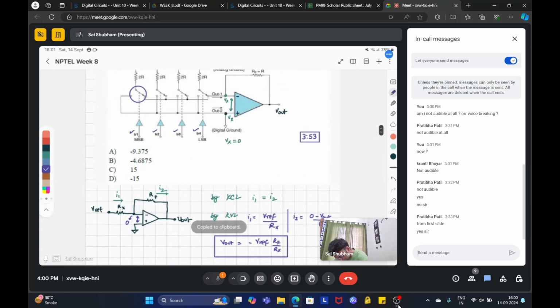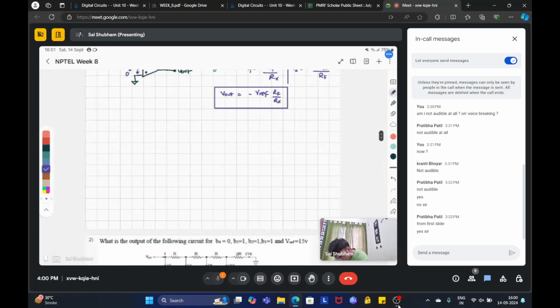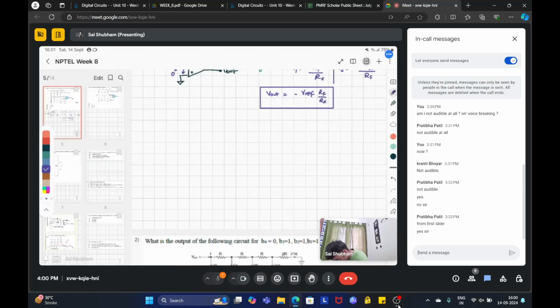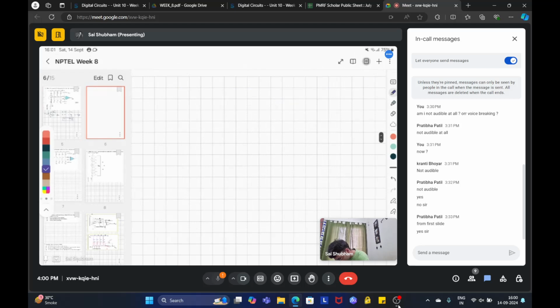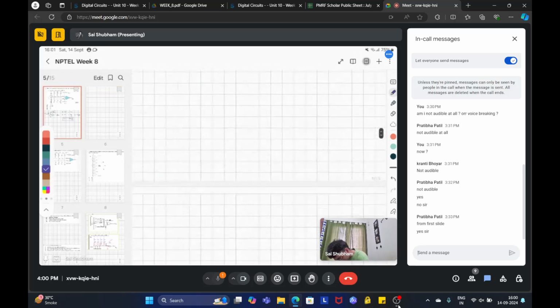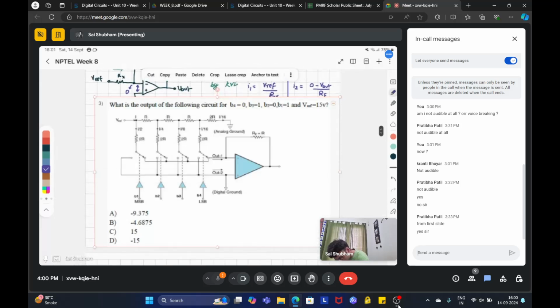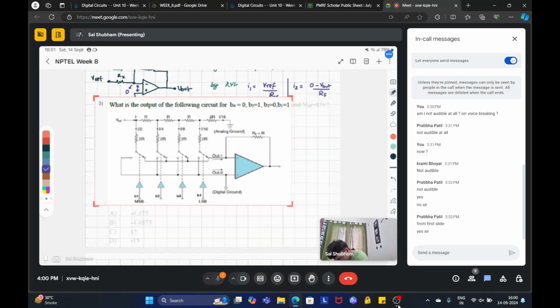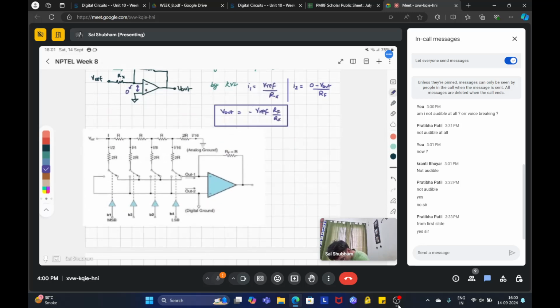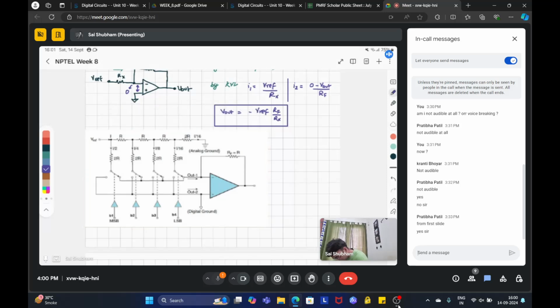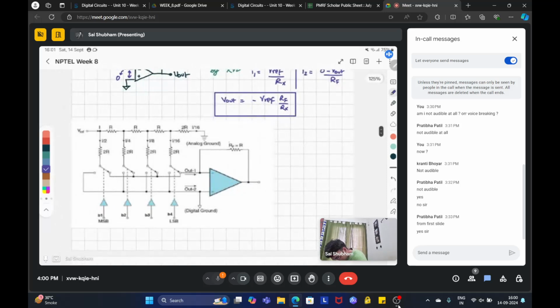So in the question, this is your Rf, and you have to figure out what will be the Rx. Okay.